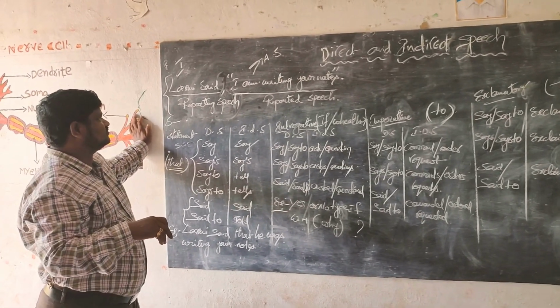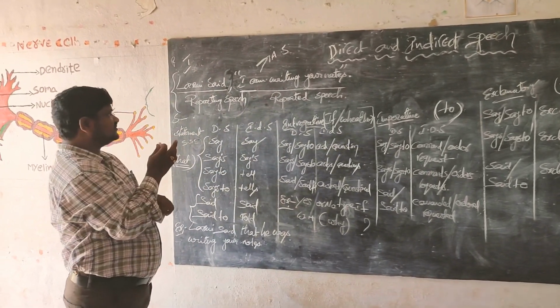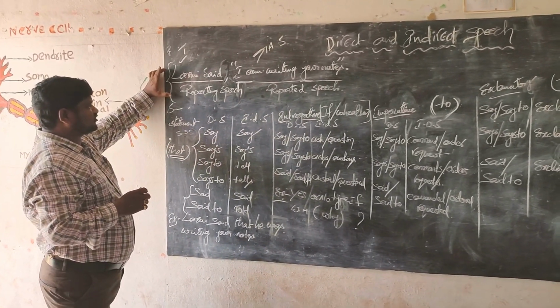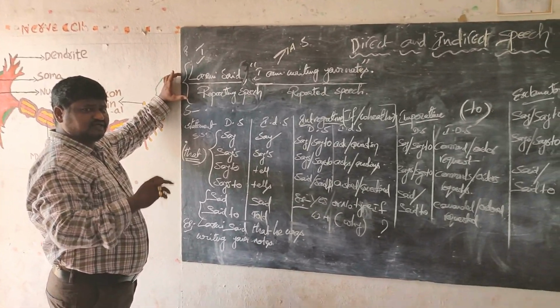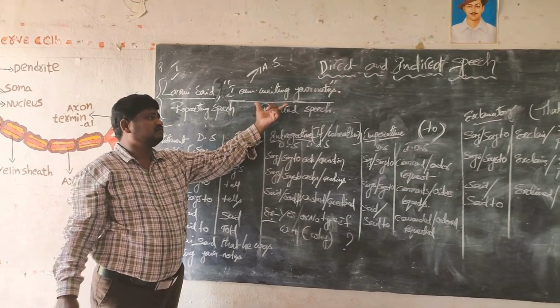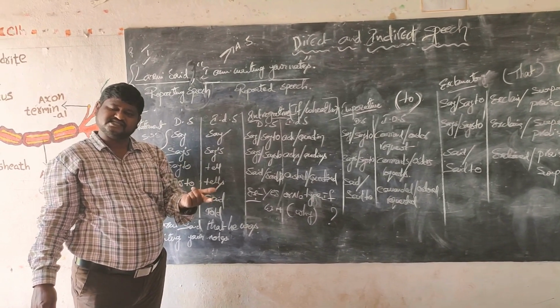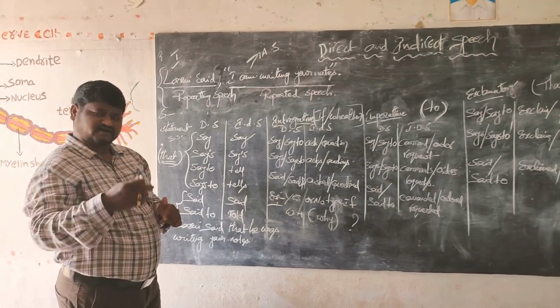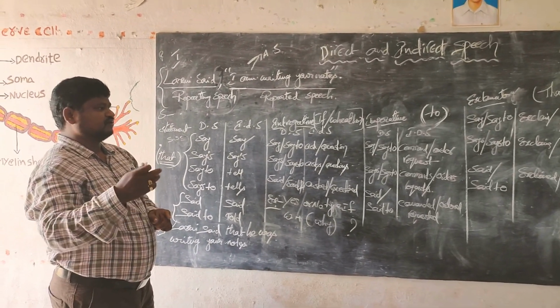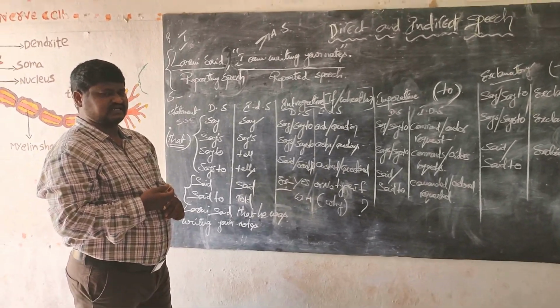Now I am going to explain the reporting speech. If you want to write reporting speech, you first need to understand what kind of sentence we have: assertive, imperative, interrogative, or exclamatory.